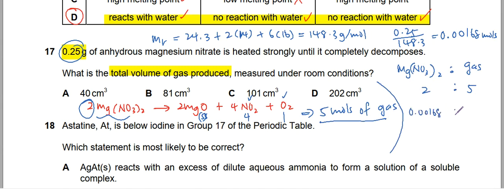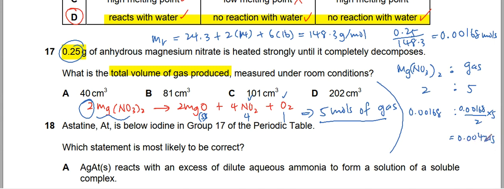To get the number of moles of gas, we take 0.0168 divided by 2 and then multiply by 5. So the number of moles of gas is 0.004215.